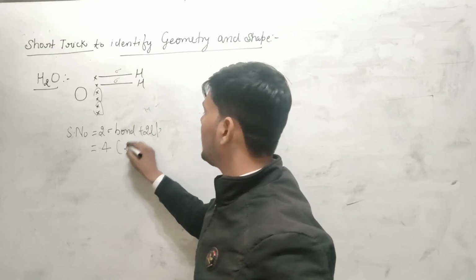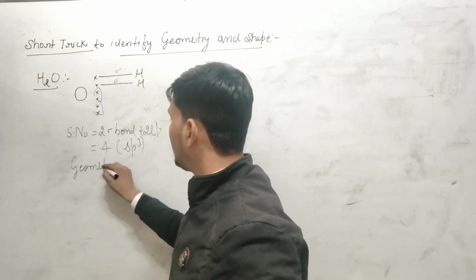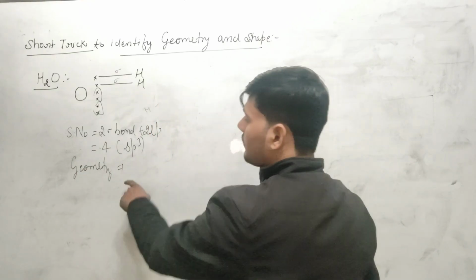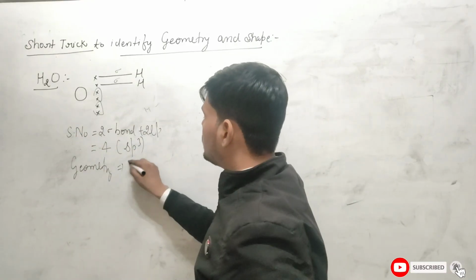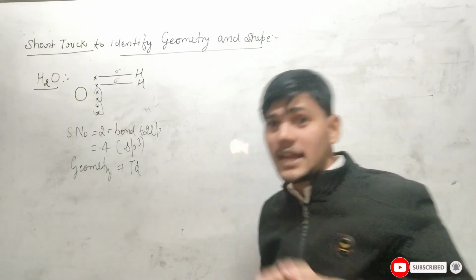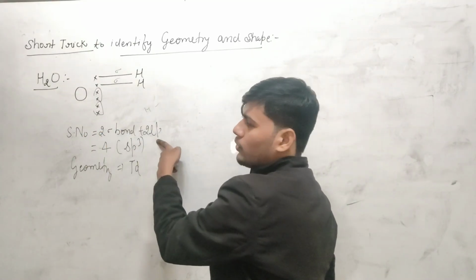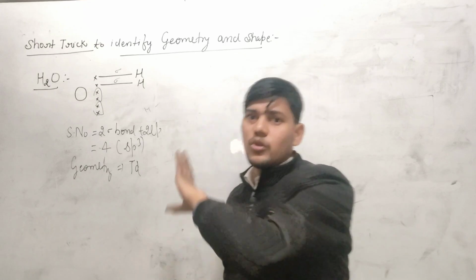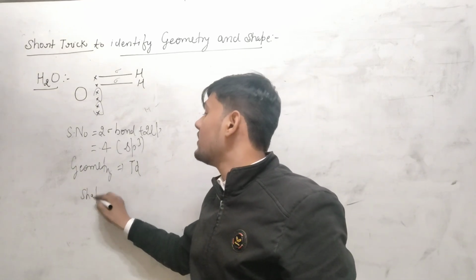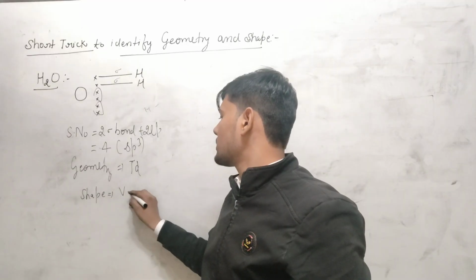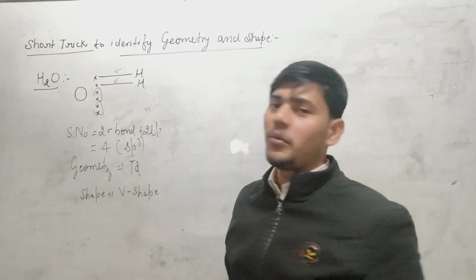So hybridization will be sp3, and what will be the geometry? The geometry will be tetrahedral because the steric number is 4. But the shape, because it is 2 sigma bonds and 2 lone pairs, what will be the shape? It is V shape, because V shape considers 2 sigma bonds and 2 lone pairs.